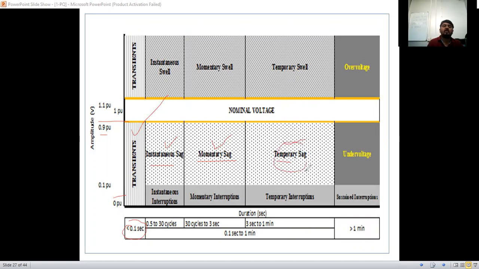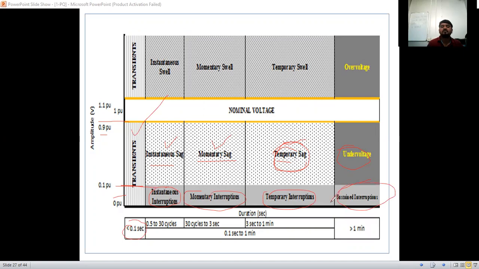If it is greater than 1 minute, there is a voltage drop, and we call that under voltage. If it is less than 0.1 per unit, that is instantaneous interruptions, momentary interruptions, temporary interruptions, and sustained interruptions.